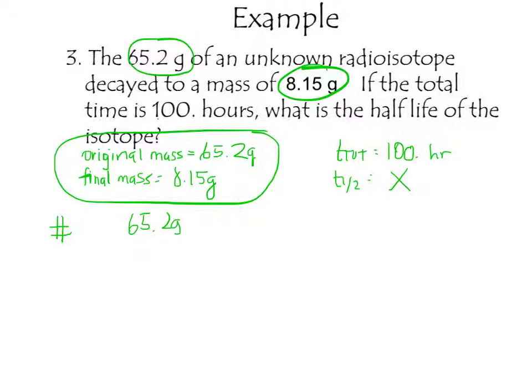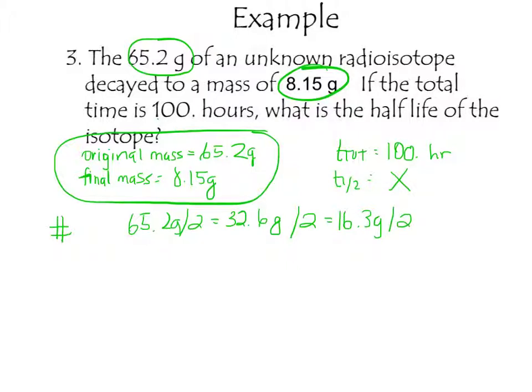So the first time it's divided by 2, and we end up with 32.6 grams. That's not 8.15, so we still need to keep going. So now I'll divide this by 2, and you should end up with 16.3 grams. Again, still need to keep going until I get 8.15.